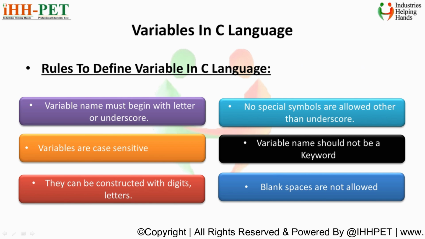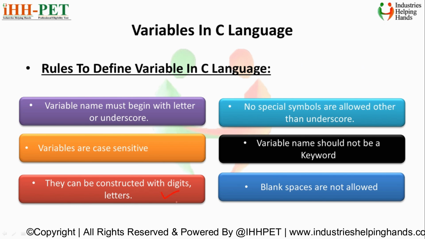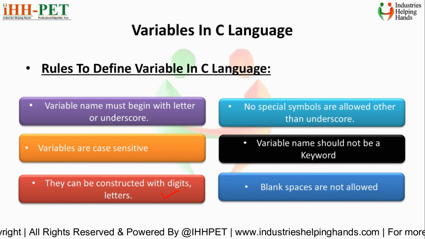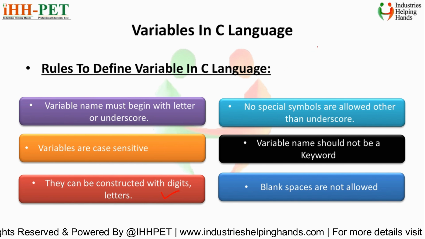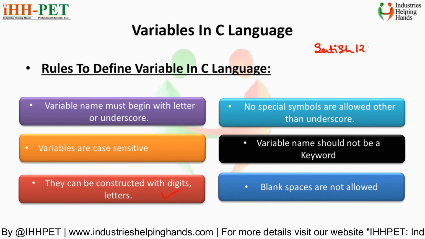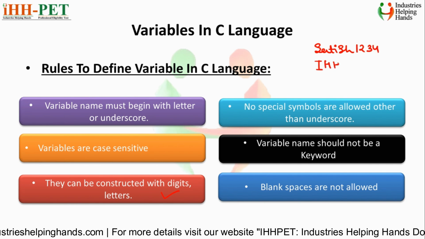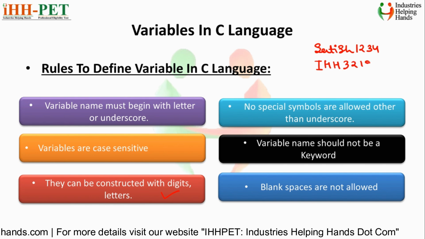Now I am switching to the next. They can be constructed with digits and letters. So you can write a variable name like this: Satish1234, or IHH3219.